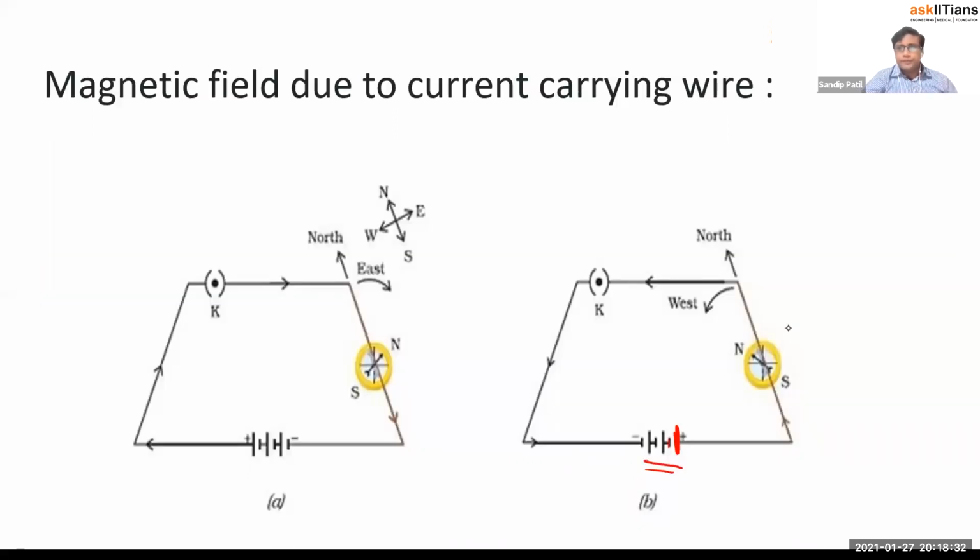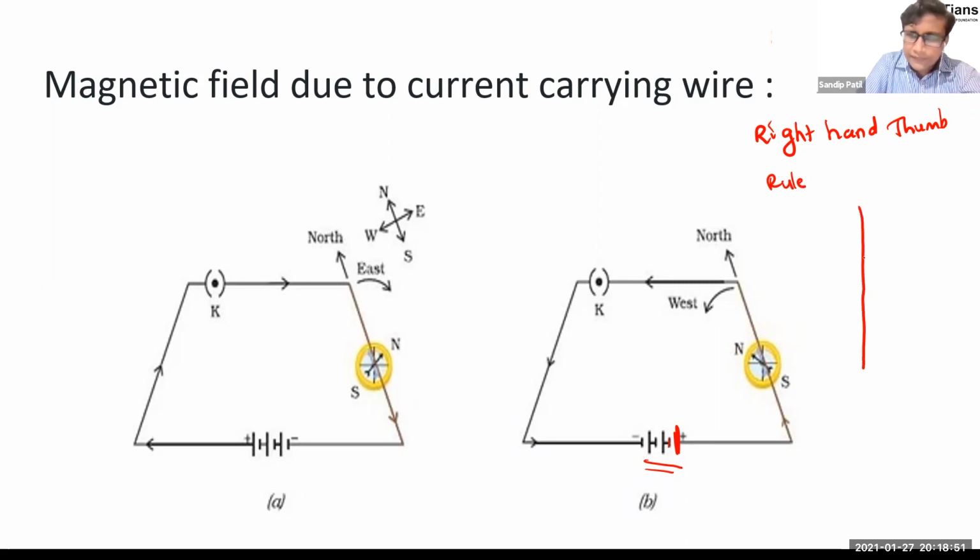So what we can do, there is one rule which is called the right hand thumb rule. Now what this rule suggests, consider a straight current carrying wire like this, right?